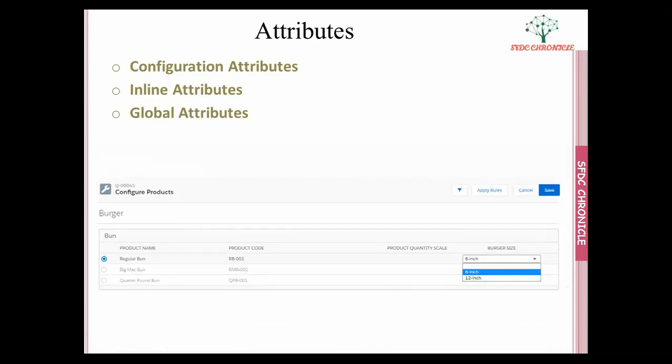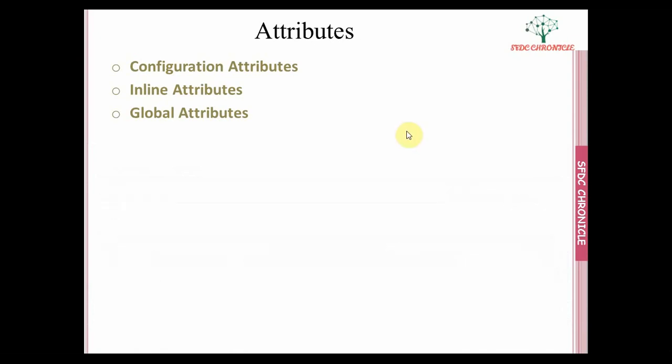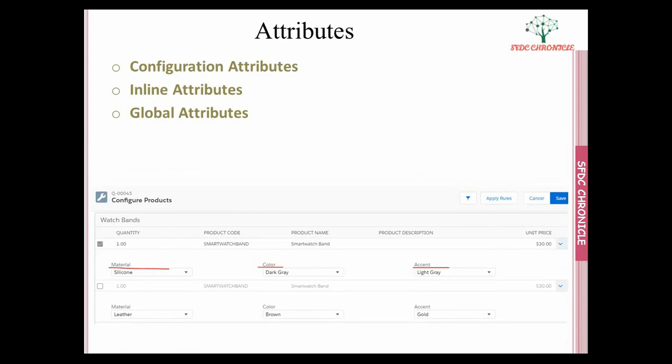Inline attribute is for a particular section: if you want to show something for a particular option inside a bundle, you can do that via inline attributes. Now global attributes: you can use that for any bundle, any option. It's not restricted to only one single bundle.